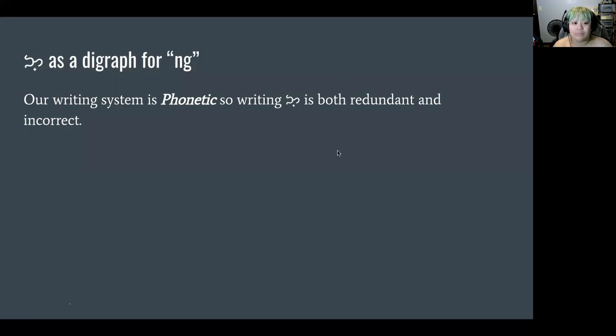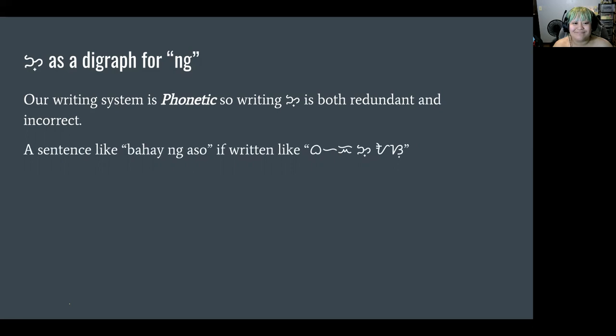A sentence like bahay ng aso, if written using that character, would be written as bahay ng aso. It does not sound correct. Unless you're speaking another language, but Tagalog specific, you would not write it as such because it's phonetic. We need to write the full phonetic word nang in order to make it correct.